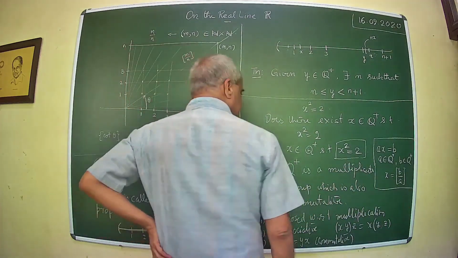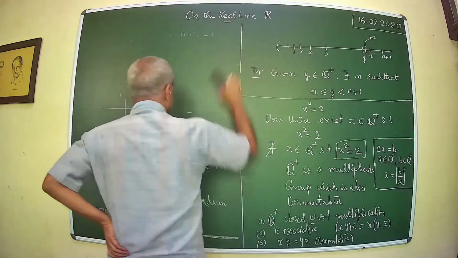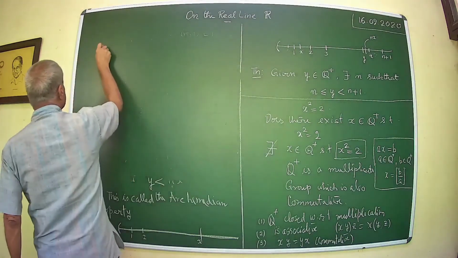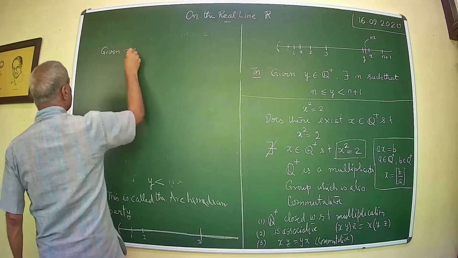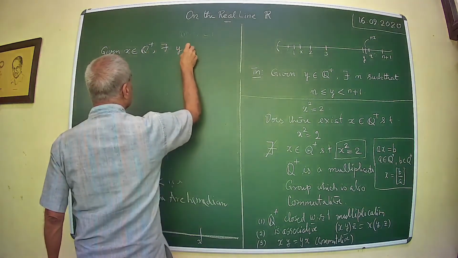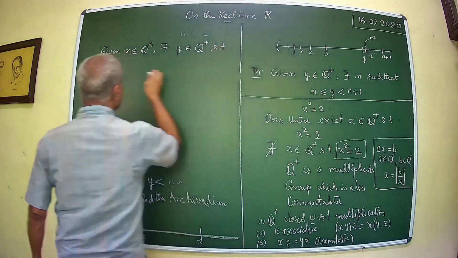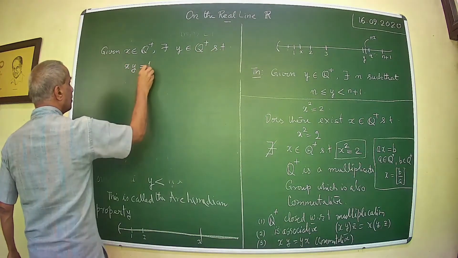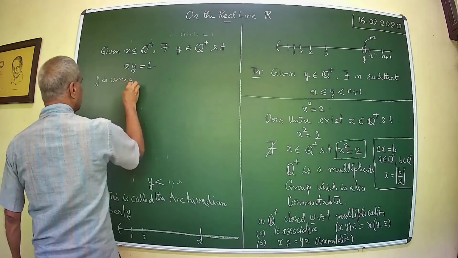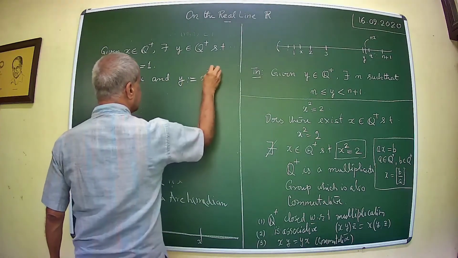And the fourth property is that given x, there is a y, and this y is unique, and y is defined as x inverse.